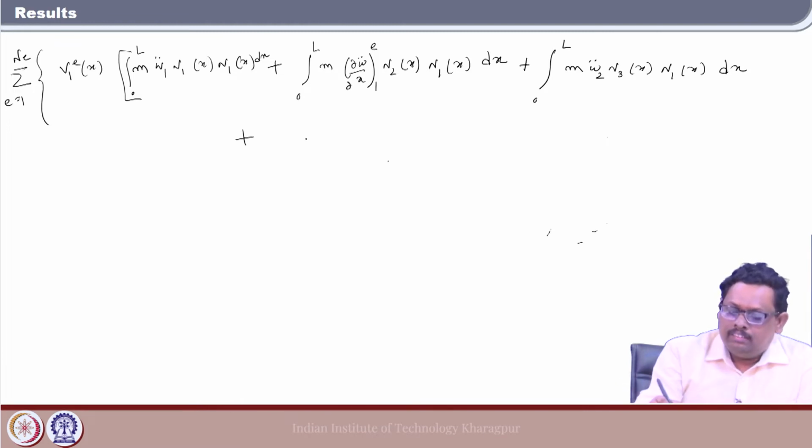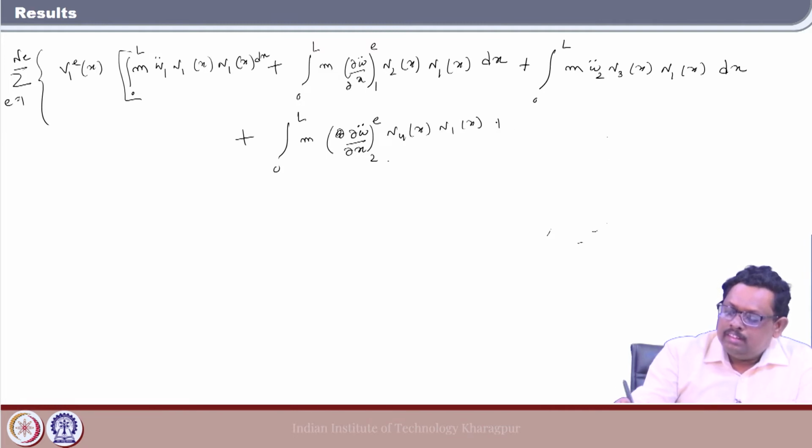And then the fourth term remains, which is nothing but 0 to L. We have m, then it is del W double dot by del x for the second element for E into N4 x into N1 x. So, then dx.